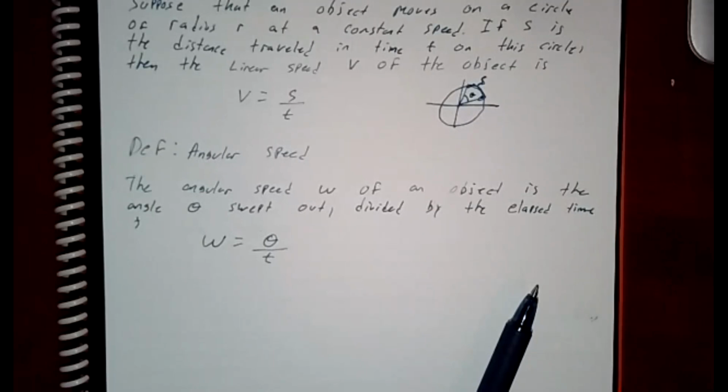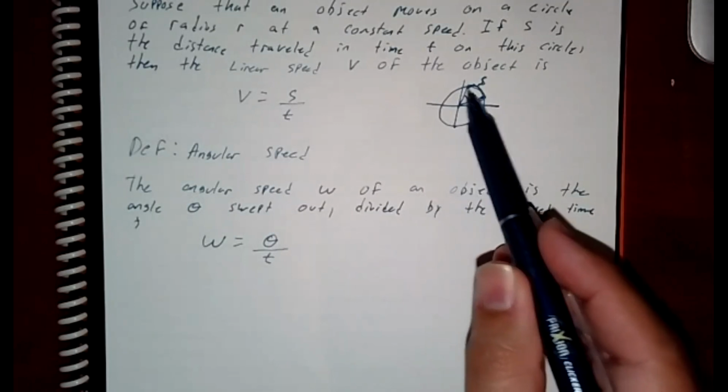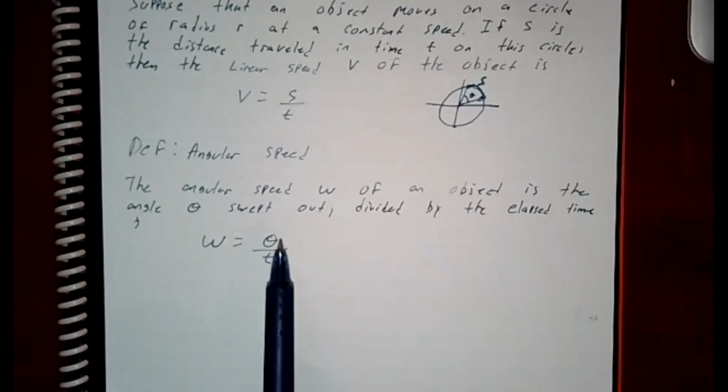Yeah, thank you. And then for angular? So angular is more of a turning type of rate. So how fast the angle inside is changing as you're going around. The angular speed would be the rate of the angle itself changing over time. So when you think of RPMs or revolutions per minute, that's a form of angular speed.